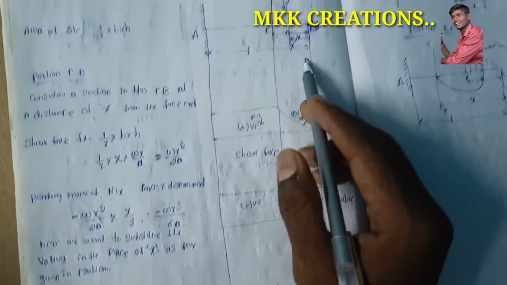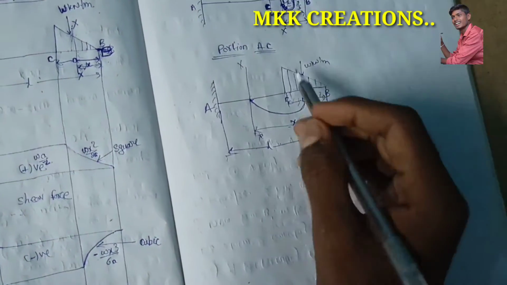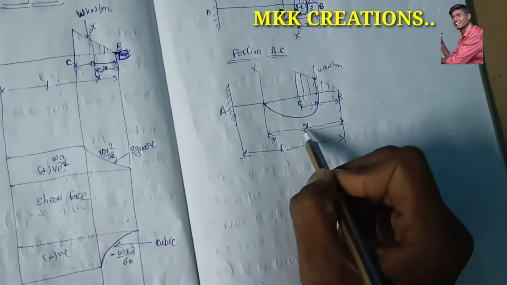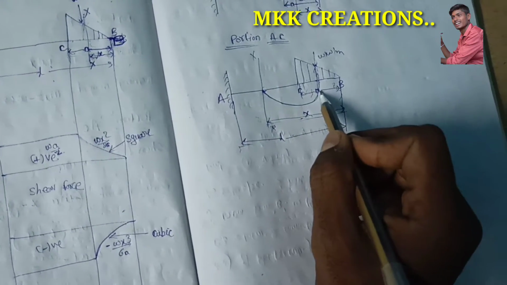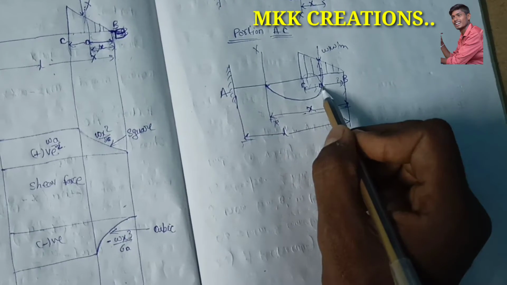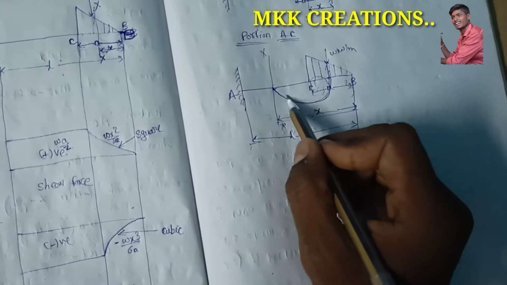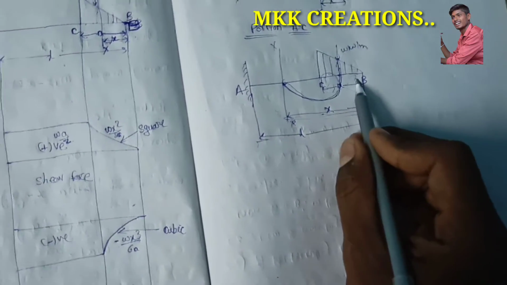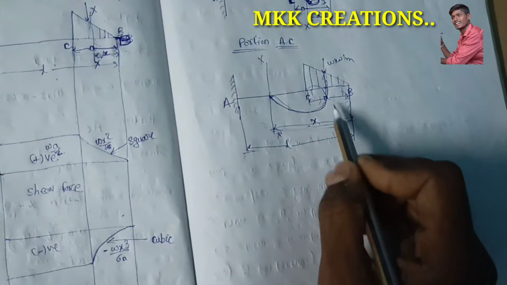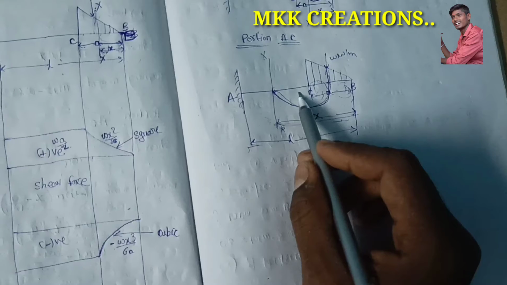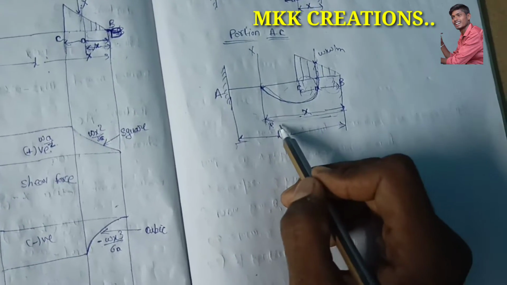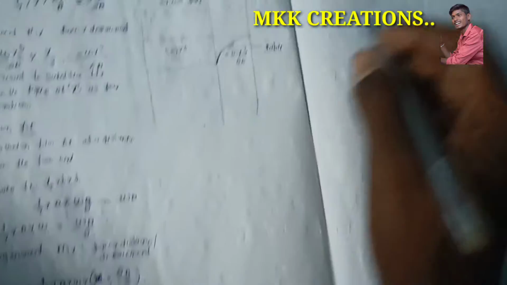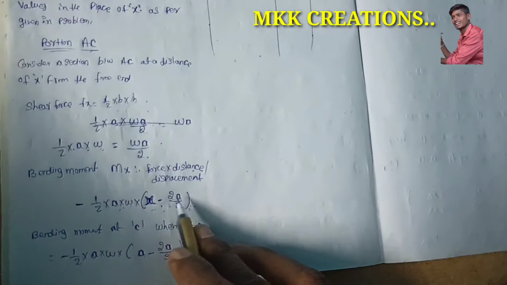How is it 2a? See here, x minus, that means this is the total x, we want up to this one. At that time total minus this one we know. If we know this minus this, we get our required one. Understood? X minus 2a by 3.